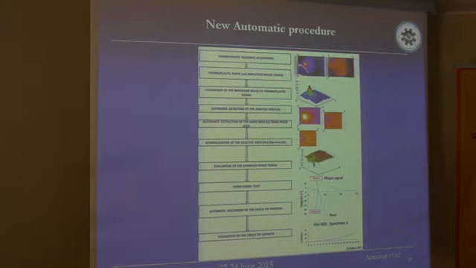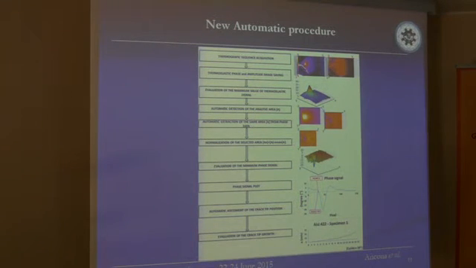Then, from the thermoelastic signal image, we can evaluate the maximum of the thermoelastic signal in order to evaluate the area of the analysis.